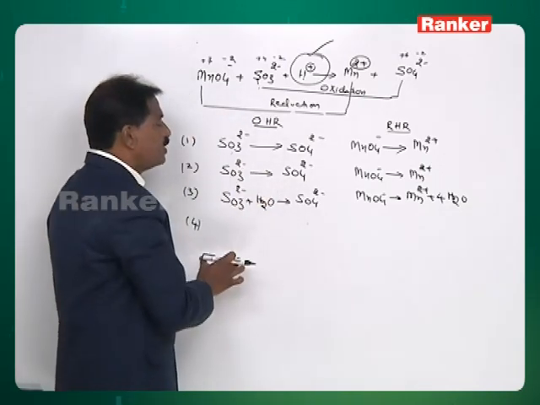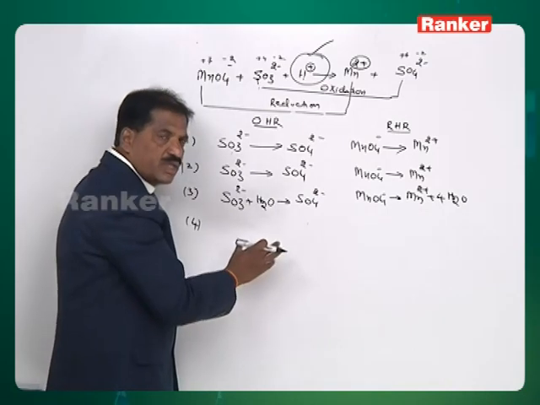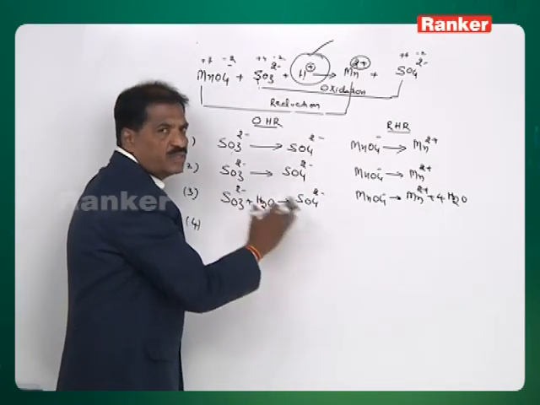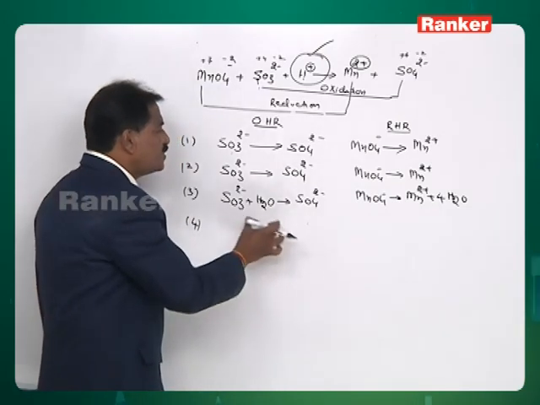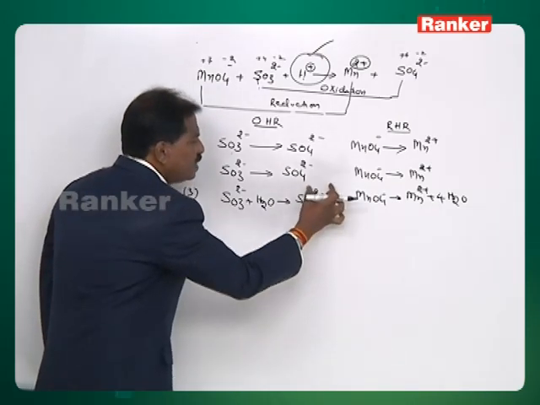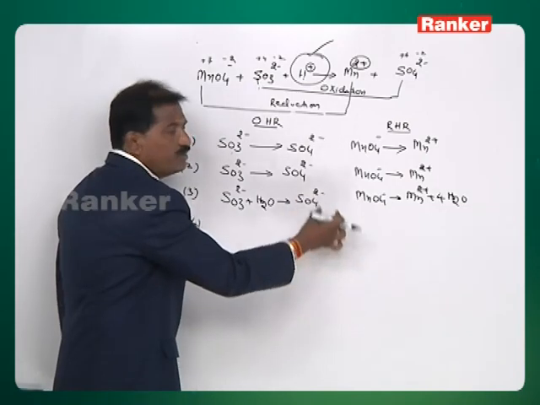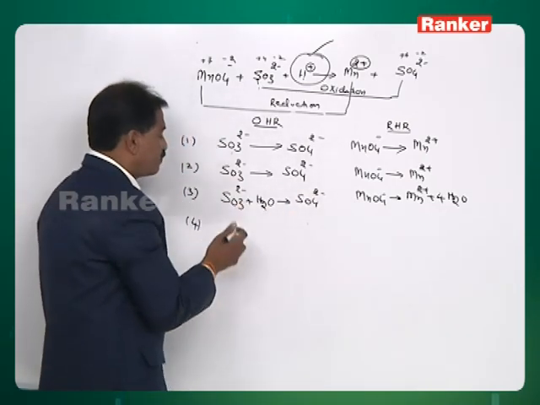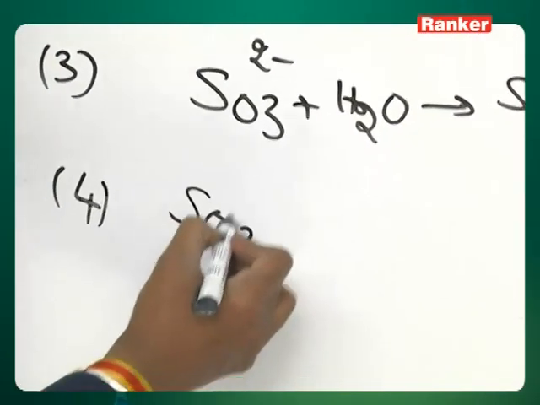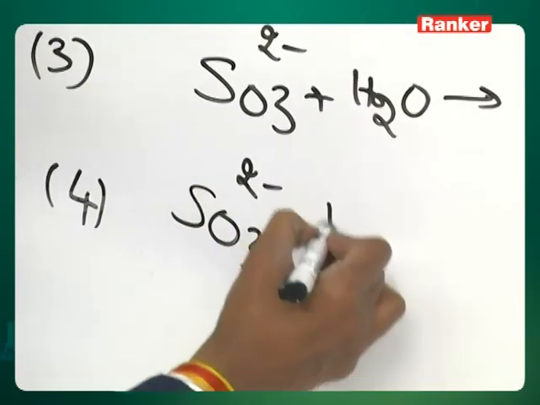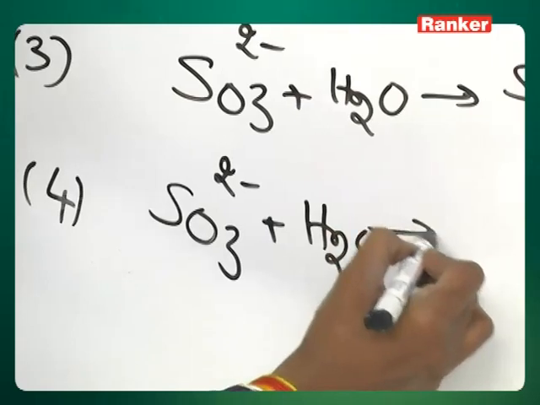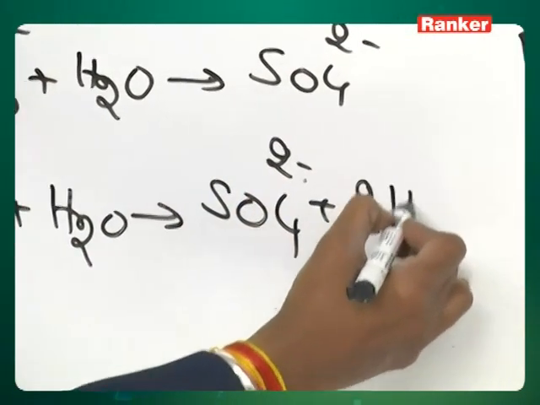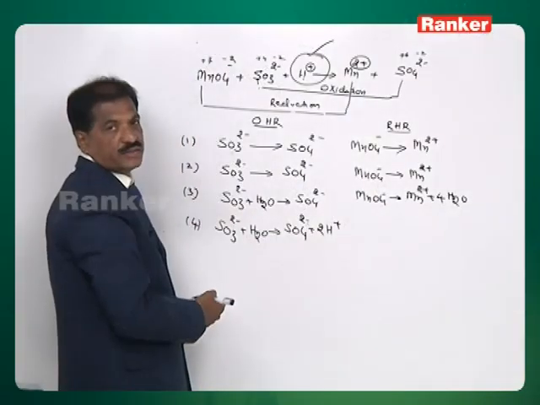In acidic medium, the hydrogen atoms have to be balanced by adding H plus ions to the deficient side. Here which is the deficient side? This is. Therefore here we have to add the H plus ions. How many do we have to add? 2 H plus ions, because this side has 2 extra hydrogens. So now hydrogens got balanced.